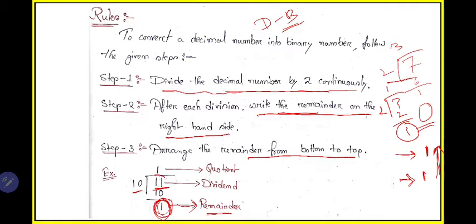Then the number which we are dividing is known as the dividend, and the result of your division is known as the quotient. But in case of conversion of decimal to binary, you will need only the remainder. So remember what the remainder is: the number we get left over in any division.